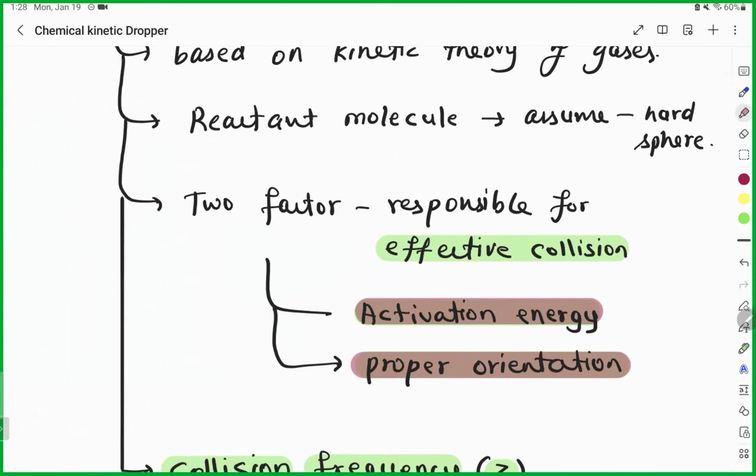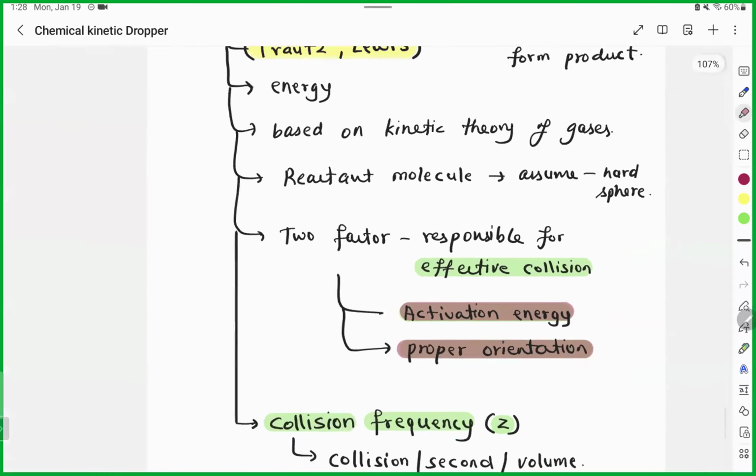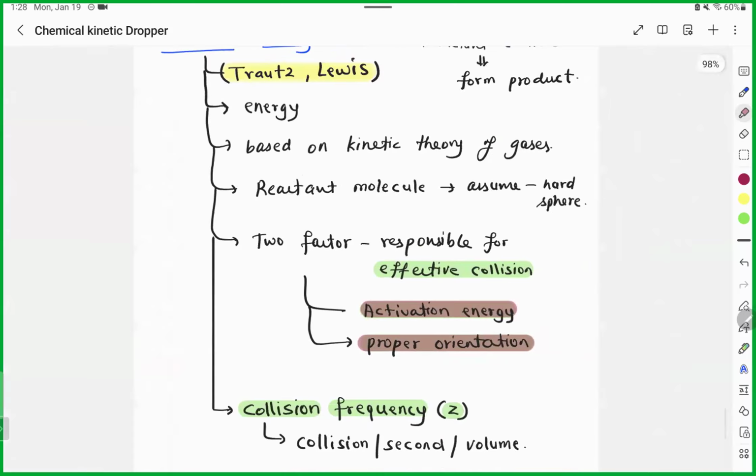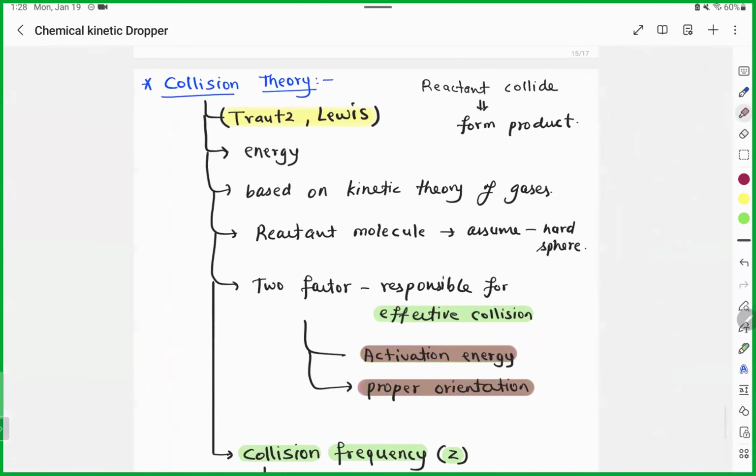Effective collision. Second, proper orientation. Like proper gender should be there to have marriage. Correct? So same thing. We are considering different things when two reactant molecules collide and form the product. If orientation is not proper, they will not collide.